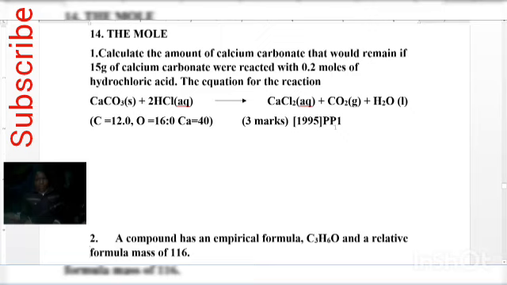We have the number of moles of HCl, which is 0.2 moles.